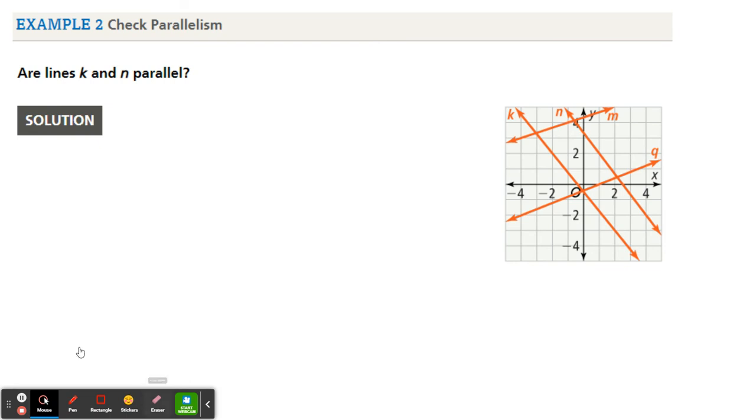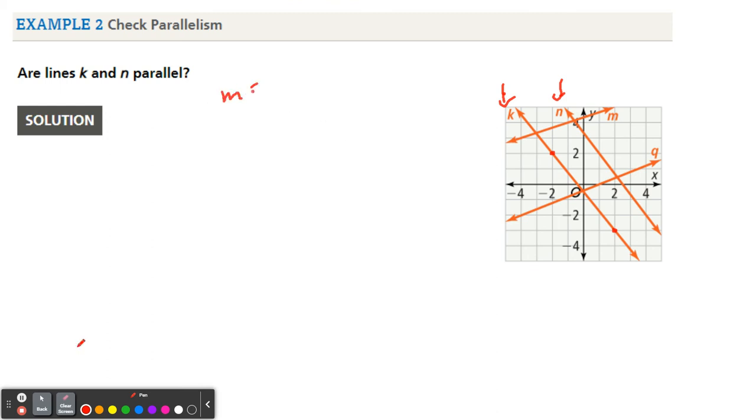Let's see if we can do some problems involving parallel. Are lines K and N parallel? In this picture, here is K and here is N. I'm going to pick two nice points and count the slope. For K, I see a point here and a point right there. I'm going to use rise and run.